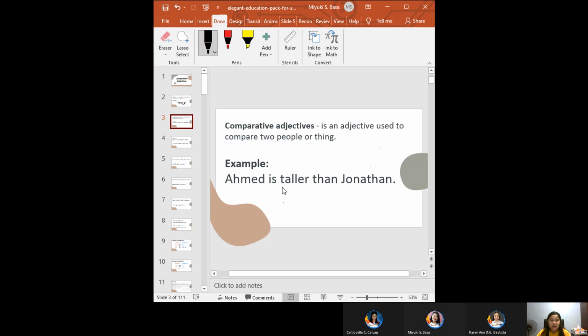Okay, correct. The word taller is the comparative adjective in the sentence because it compared two people, which is Ahmed and Jonathan. Do you understand, guys? Yes, ma'am. Okay, wait for a while, guys.